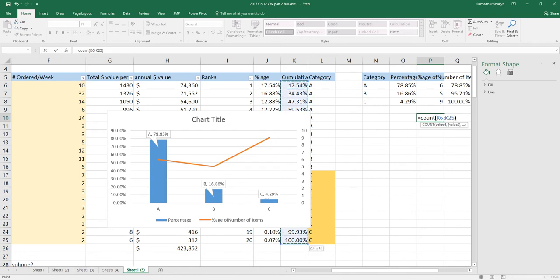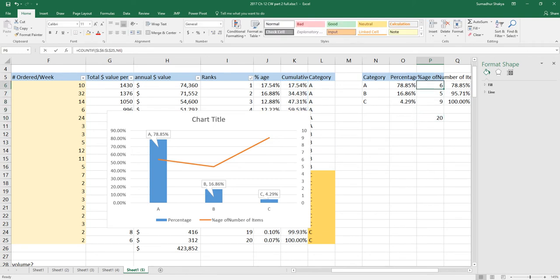Count all of these. Now, by the way, we are already given the number of items here, so you can either use that, but just kind of feel why is it not working. So this one also, and then end. So there are 20 items.